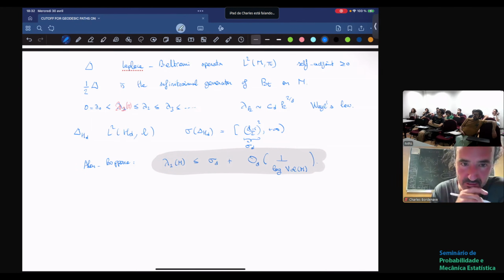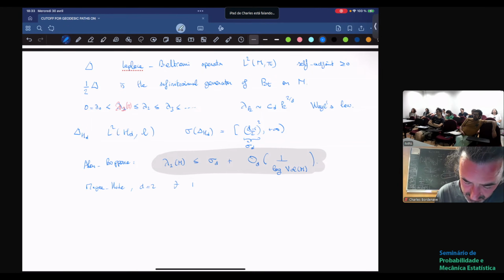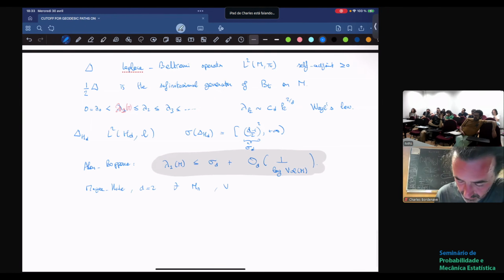And it has been an open problem for a long time to find manifolds which reach this upper bound. It was first proved by Mirzakhani and Hide that there exist hyperbolic surfaces, so in dimension 2, a sequence M_n with volume of M_n going to infinity.